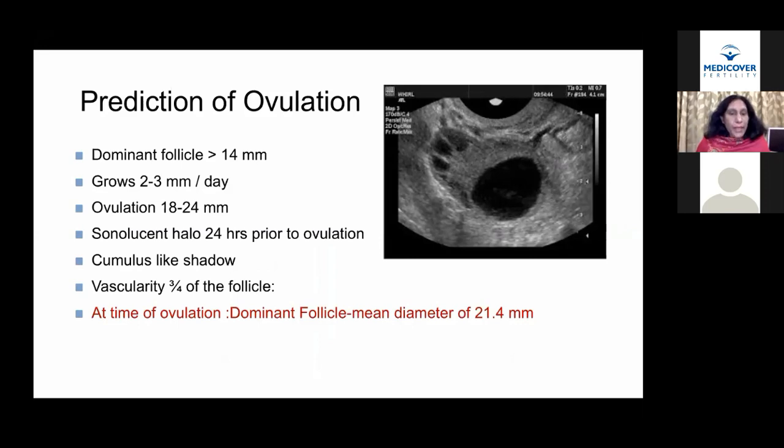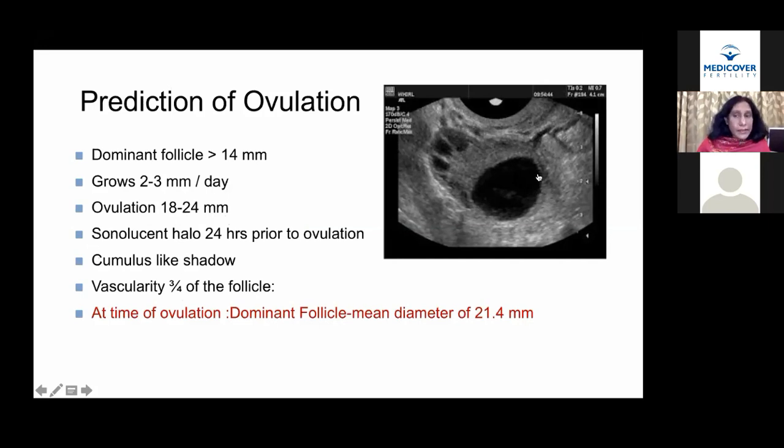We can prepare a follicular monitoring chart where we write the date and the size of the follicle. Ovulation is expected between 18 to 24 millimeters in most cases, though rarely we have premature rupture also.